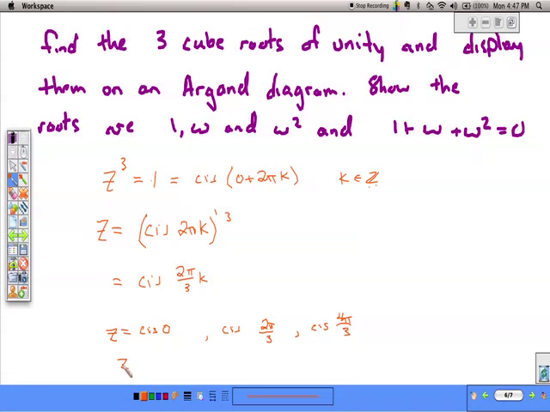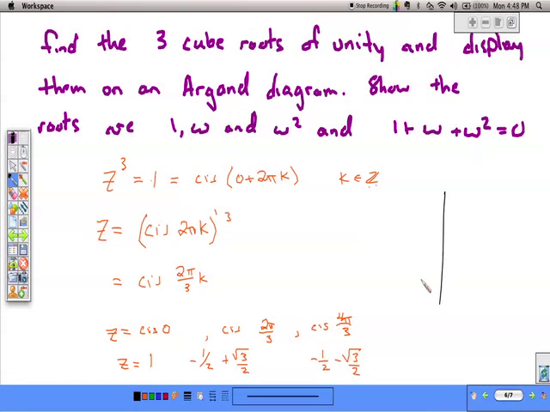Our roots, expanding this out, are 1, negative 1/2 plus the square root of 3 over 2 i, and negative 1/2 minus the square root of 3 over 2 i. So 1, here w squared would be the same thing as multiplying the angle by 2.